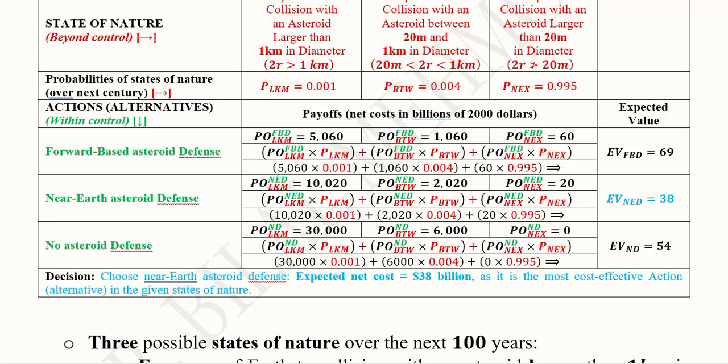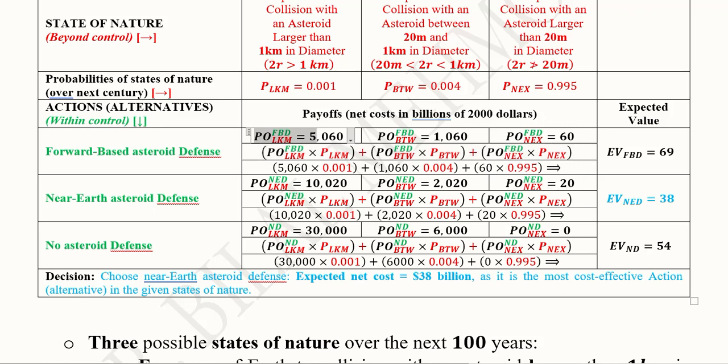So this payoff has a certain probability, and that probability is 0.001. So we multiply it with it. Here symbolically, the probability of this situation with a large asteroid hitting the Earth, and we are undertaking the forward-based asteroid defense system, should be added into the situation with a medium size asteroid and the probability of the same, and then the no exposure to a large asteroid, then its probability.